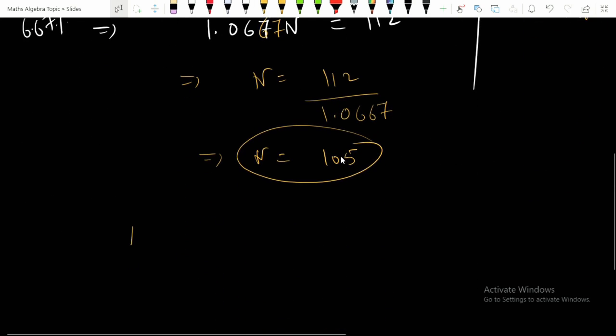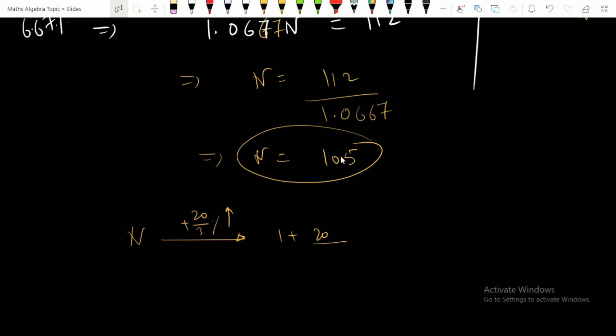So earlier it was n, and here you have to add 20 by 3 percentage of itself. So it is 1 plus 20 by 3. Earlier it was 100 percentage, and again it is increased by 20 by 3 percentage.